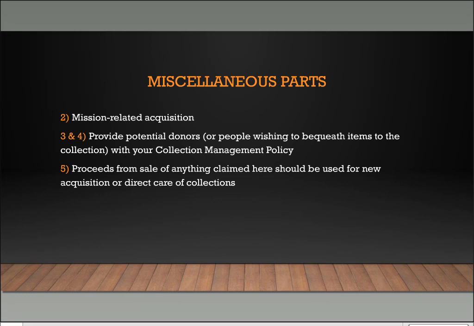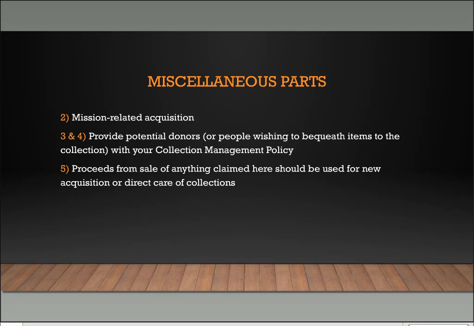Proceeds from the sale of anything claimed here should be used for new acquisitions or for direct care of collection. So that means that if you are claiming title to something that is undocumented, or you are claiming title to an old loan, that item then becomes available to process into your collection like anything else that you would be considering for acquisition. If something is on your site and you claim title, that does not mean you have to accession it into your collection.